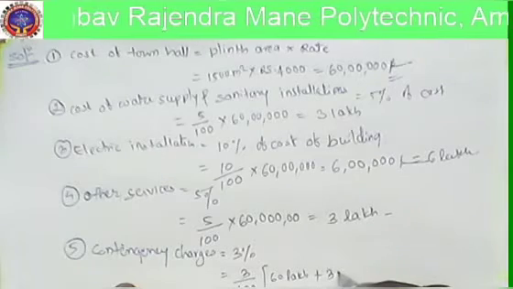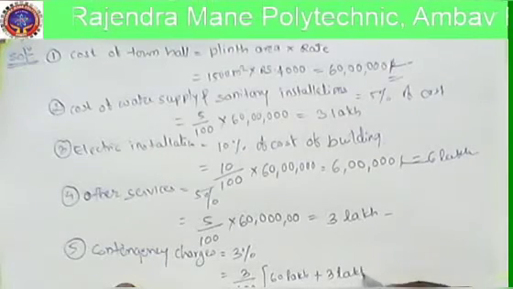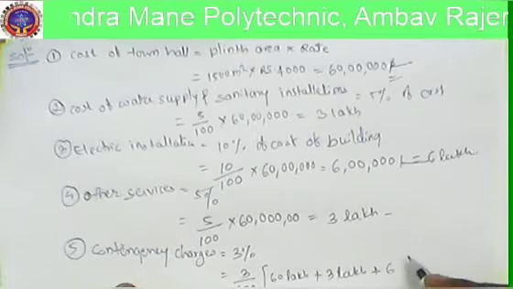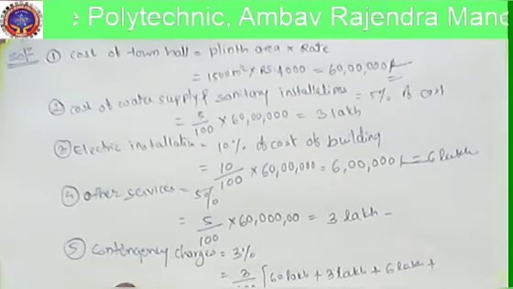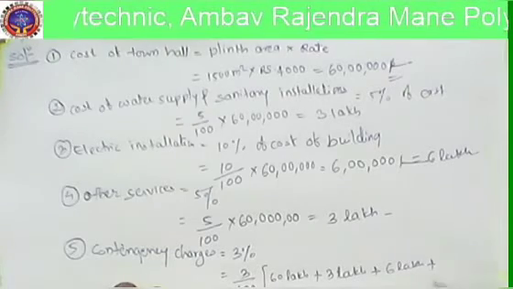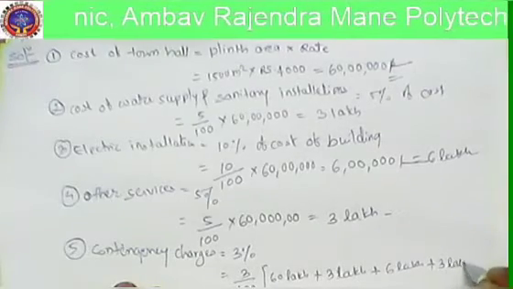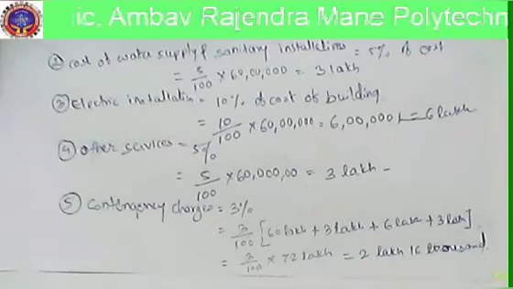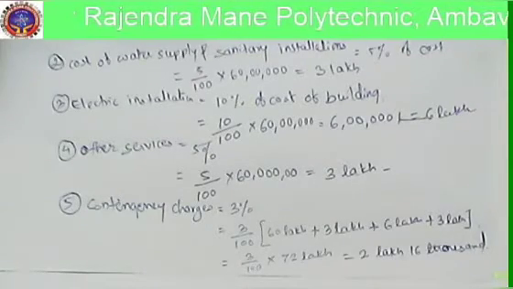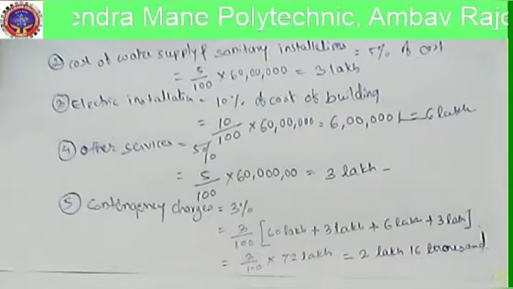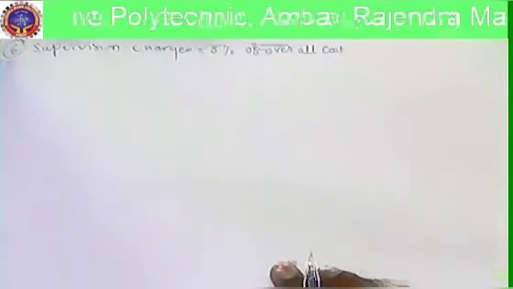We will take one problem. Prepare an approximate estimate. 3% of 72 lakh is equal to 2 lakh 16,000.